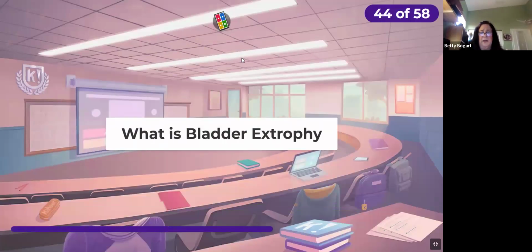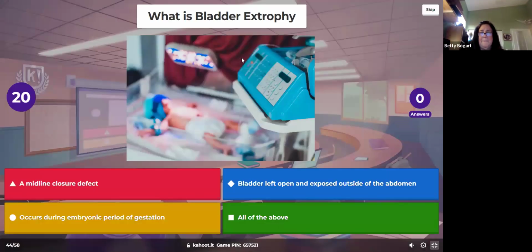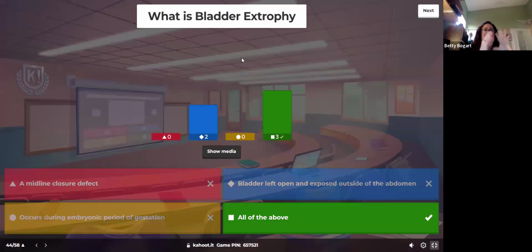What is bladder exstrophy? I mentioned a lot of things where things in the side of the belly are born on the outside.